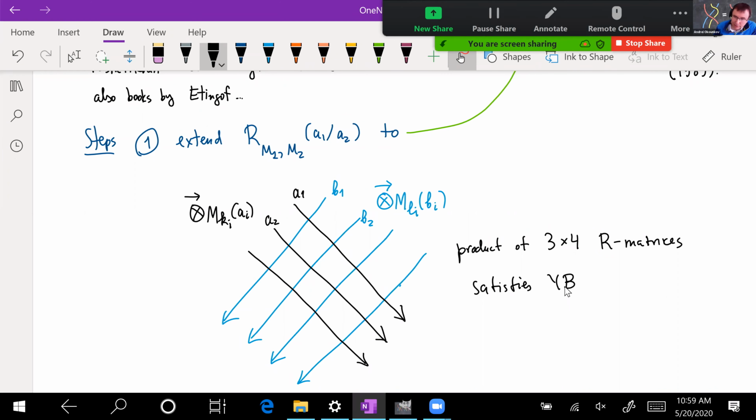Yang-Baxter. And the way it satisfies Yang-Baxter, the way I usually explain it, is like this: when you think of a picture like this, then maybe these are 3 pieces of rope that represent this. So each one of them is a piece of rope, and then what we're doing is we move the middle string to go from one picture to another.